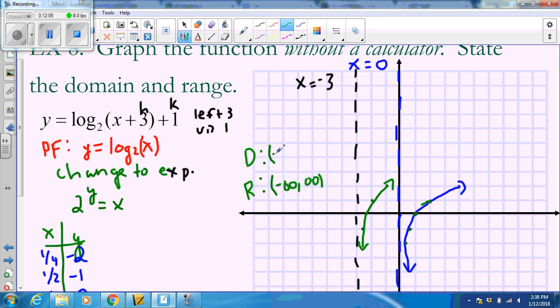So we start at -3, and because our x values actually get larger, we start at -3, then we go from -2, -1, 0, 1, 2, 3, etc. Because the x values are getting bigger, we're going to +infinity. So our domain for this function is going to be from -3 to infinity.